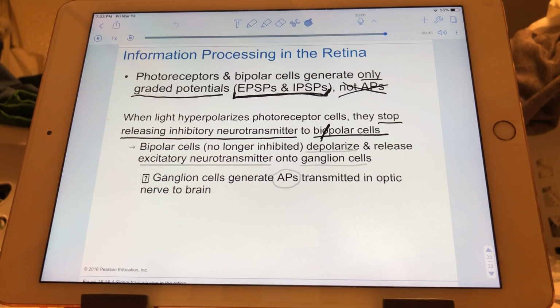That bipolar cell is therefore free to act. It's no longer inhibited, and so in the light, it is allowed to depolarize. Right? And when bipolar cells depolarize, they release excitatory neurotransmitters influencing ganglion cells. So cool. Ganglion cells are longer and therefore do generate action potentials, which travel along the optic nerve.